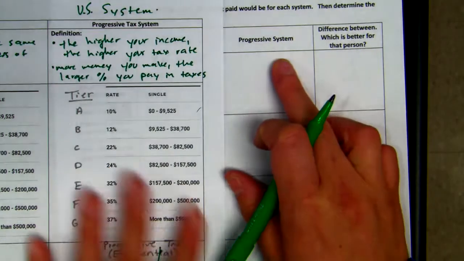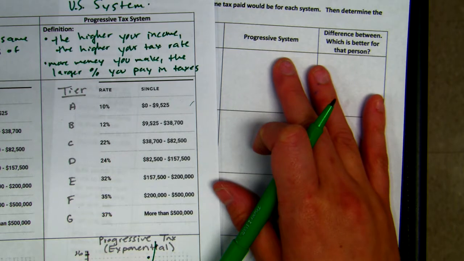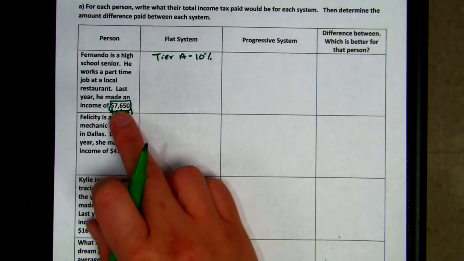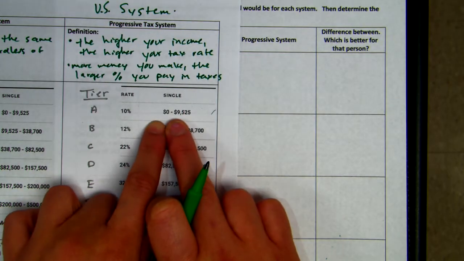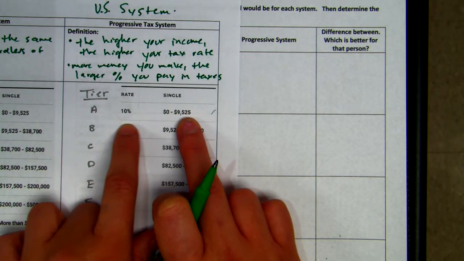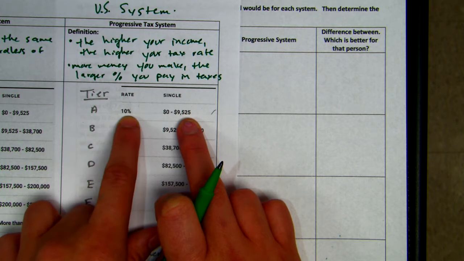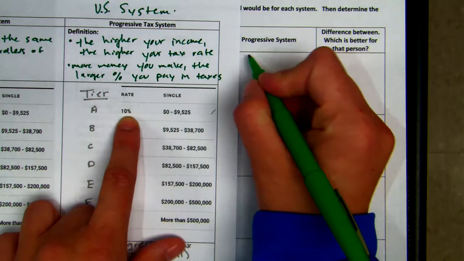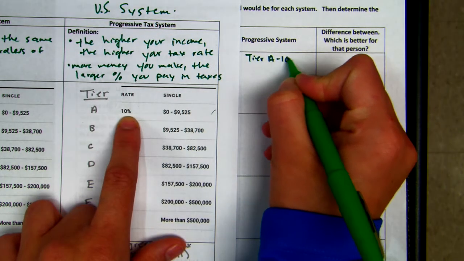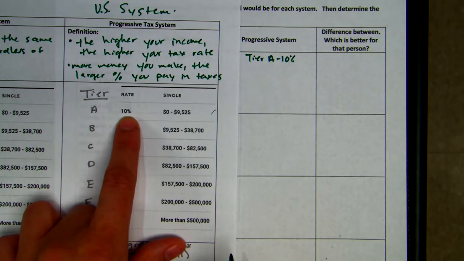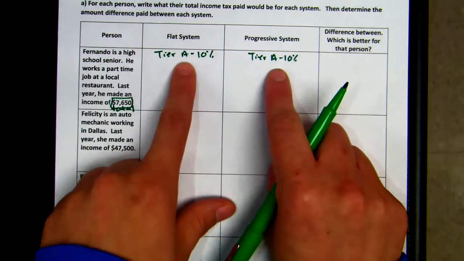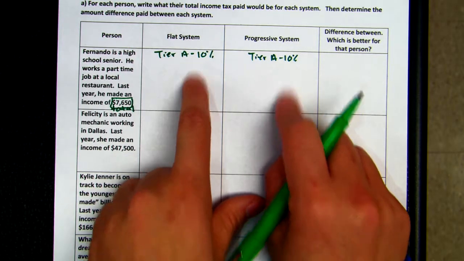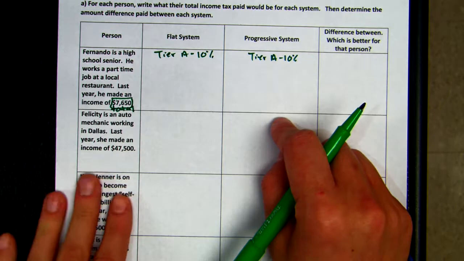For the progressive system, he makes $7,650 a year, which falls in this range. So he's in tier A in the progressive system, which is 10%. Okay? So we're going to see how that affects his income. Here, it's the same, so we should get the same answer here.